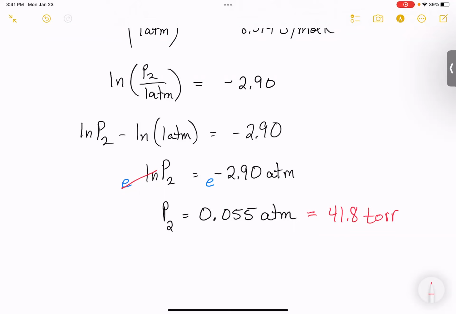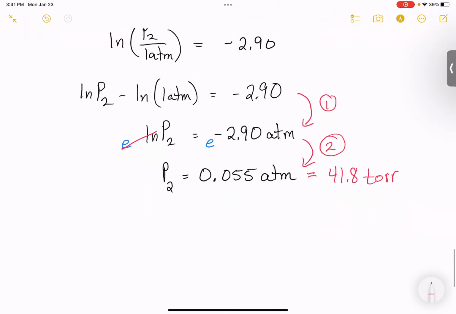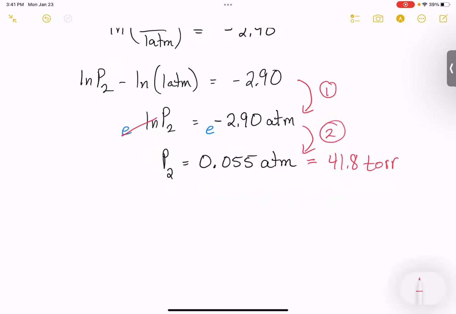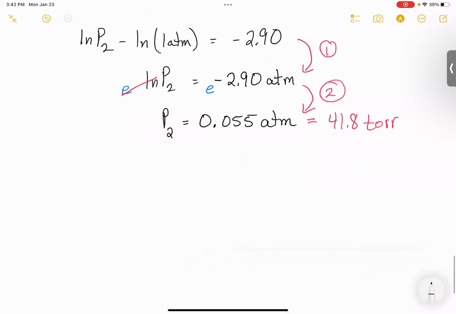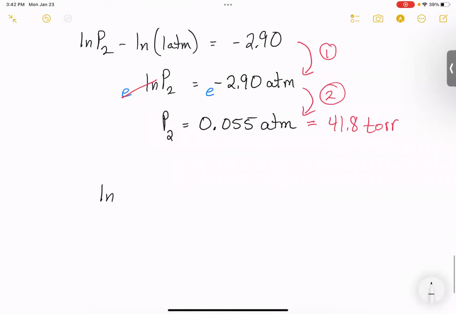So you're asking how I went from this step to this step? Okay. So let me just go back. ln of P2 minus ln of 1 atmosphere is equal to -2.90.